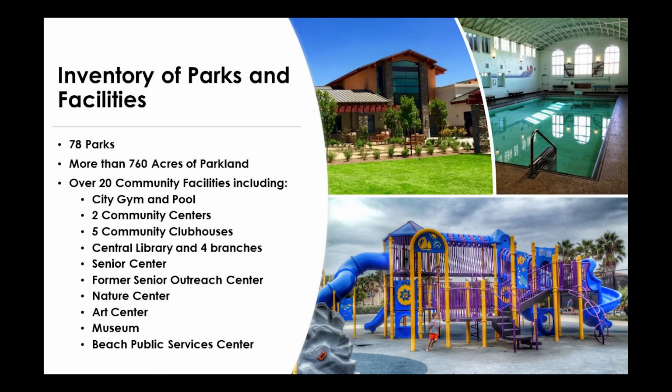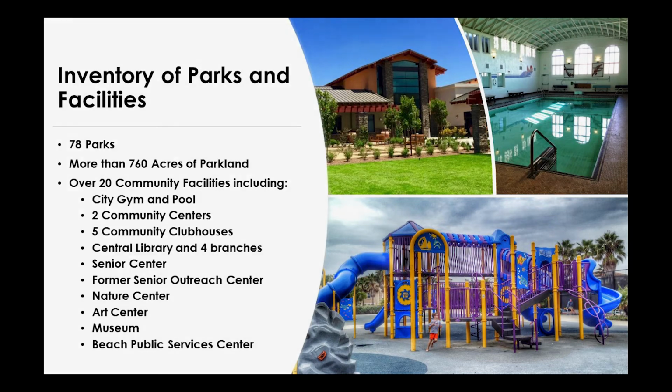Now, the city of Huntington Beach has a tremendous amount of recreation facilities and opportunities for the entire community. Distributed throughout the entire community are 78 parks with more than 760 acres of parkland that's spread across 2 community centers, 5 community clubhouses, central library and 4 branches, a senior center, the former senior center, nature centers, art centers, museums, and public beach services center.